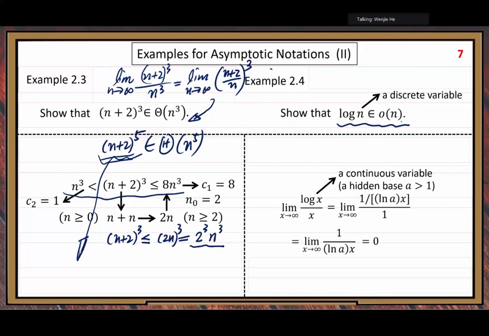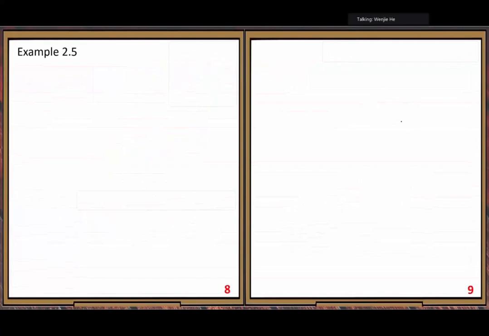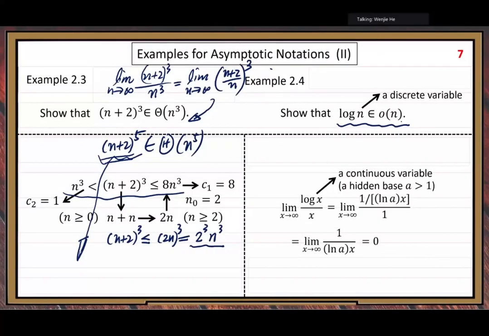Then we go back from the continuous variable to the discrete variable. Let me write a few more steps to go back. After we get the result for the continuous variable, we can go back to the discrete variable, and the limit equals 0.